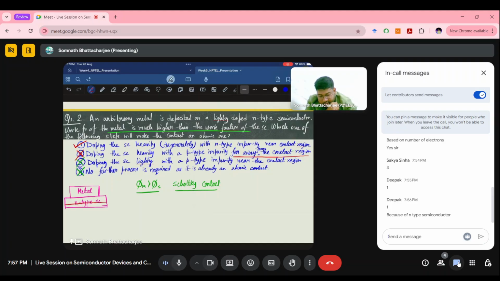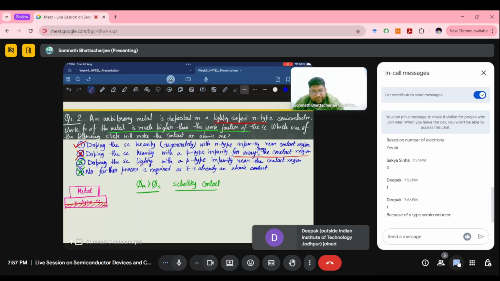Let's say we are doping this portion; this won't have any effect on the contact region, so it doesn't have any kind of effect. We can't dope it with p-type impurity, as it is already a lightly doped n-type semiconductor. If we dope it with a much higher concentration of dopants, it would make an ohmic contact over time.